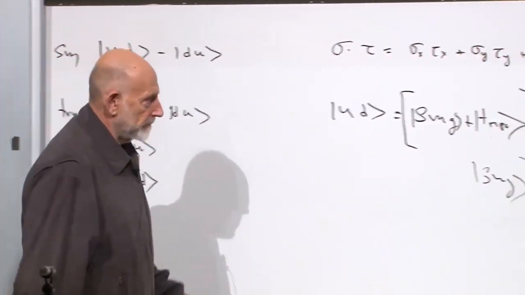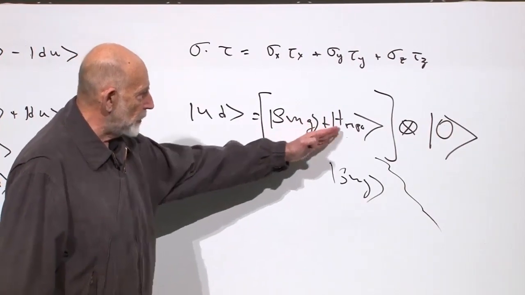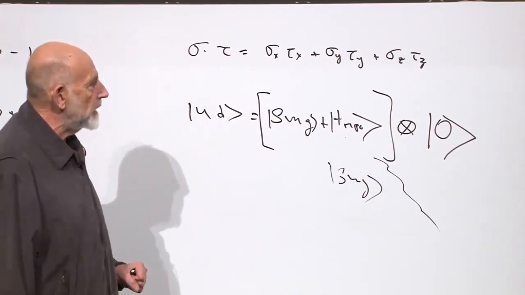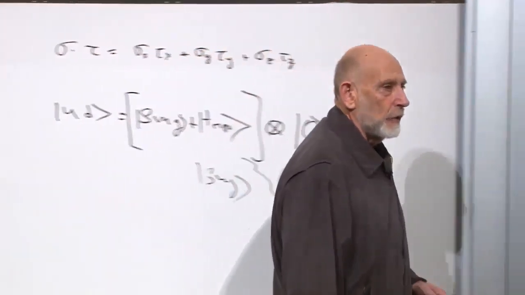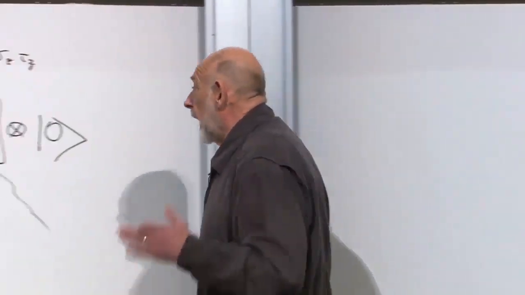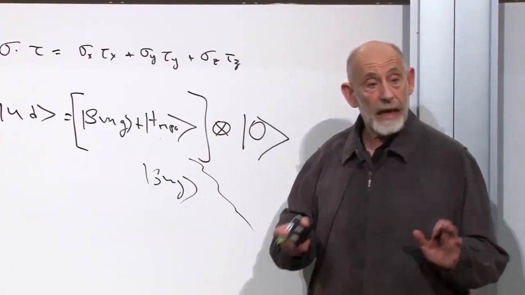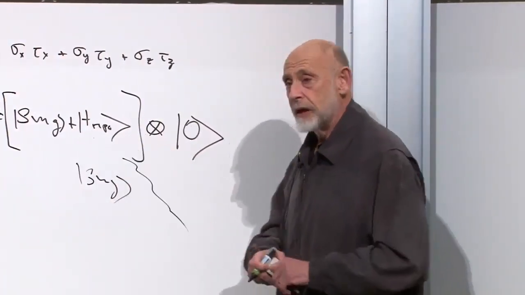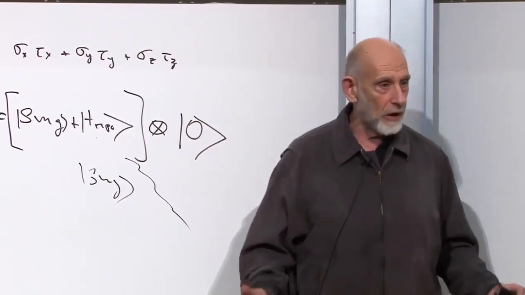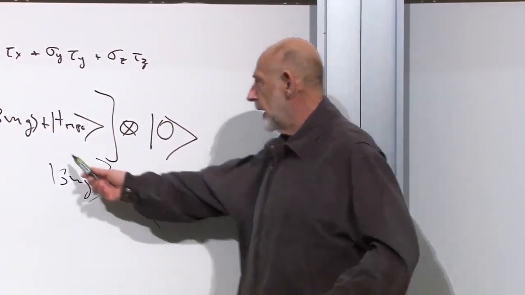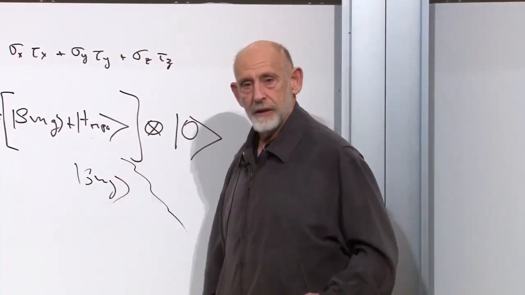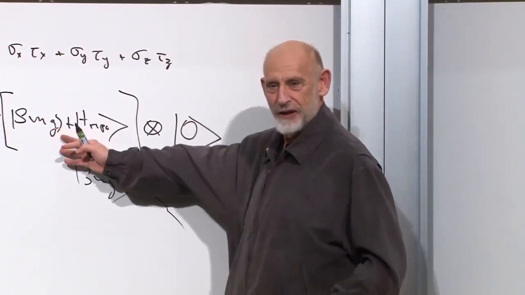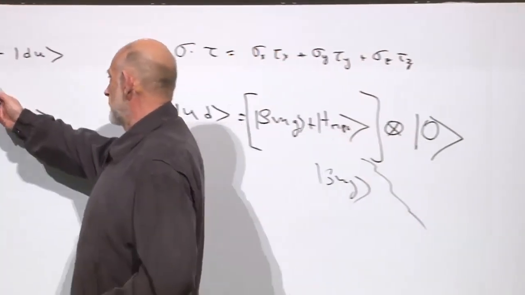Keep in mind, this represents the 2 electrons, either in the singlet state or the triplet state, and this represents the state of the radiation field. Now, if you wait for a little while, while the electrons are entangled here, they are not entangled with the radiation field. This is a simple product of a vacuum of photons, no photons, and a particular state of the electron pair. In fact, I said this was entangled. This is not entangled. This combination was just up-down.